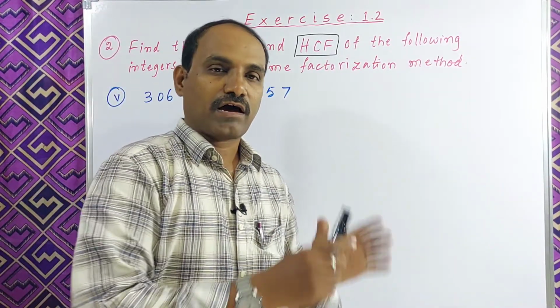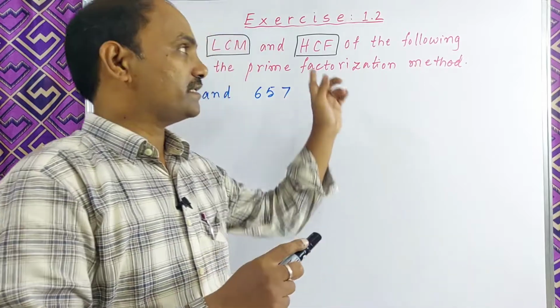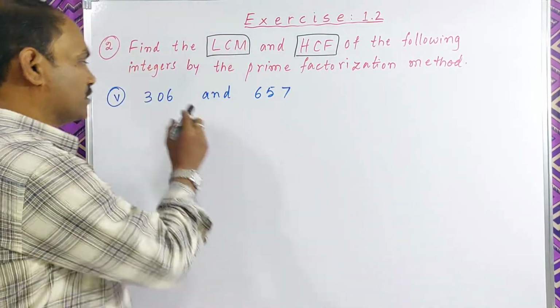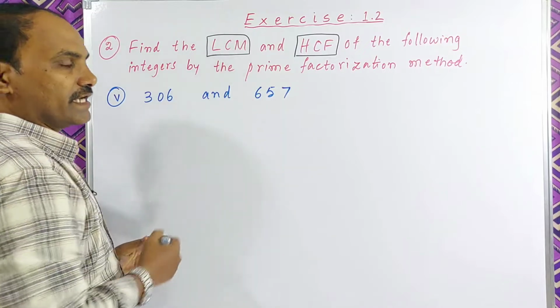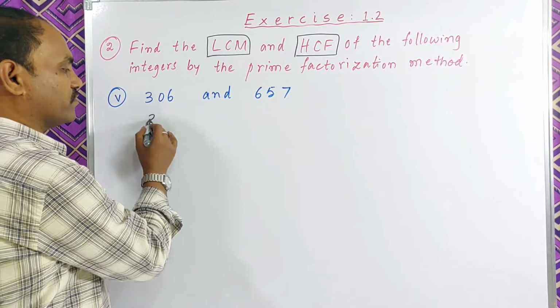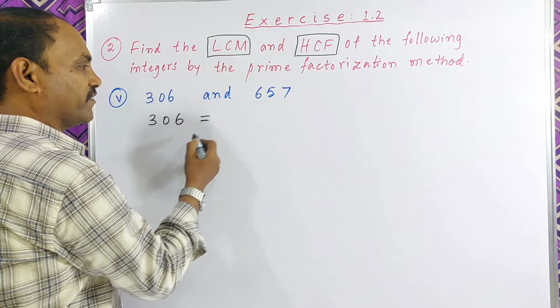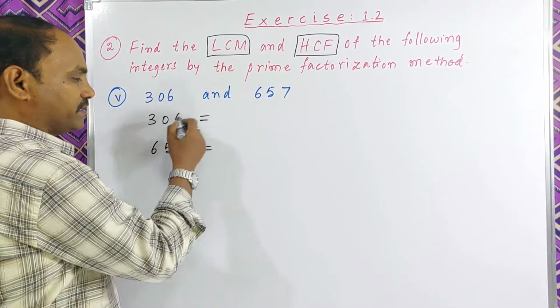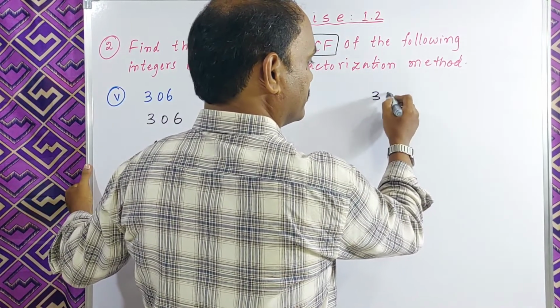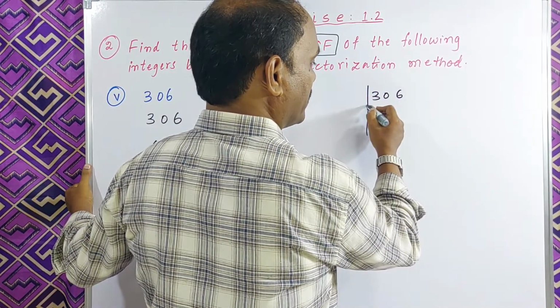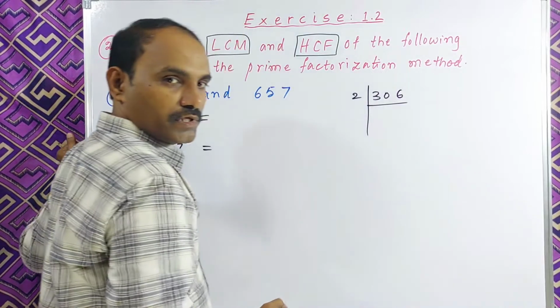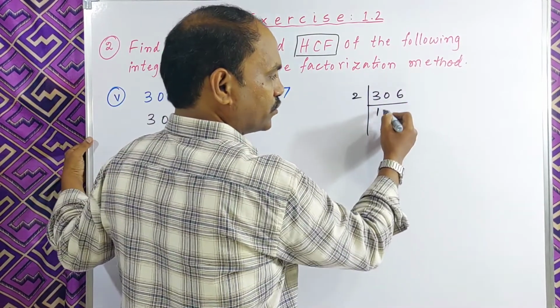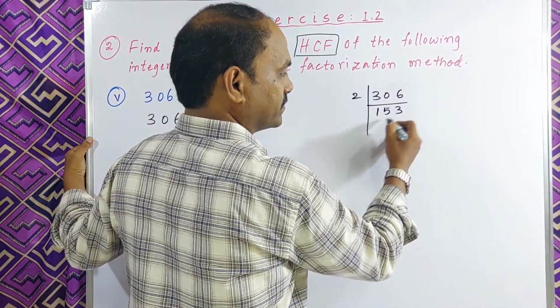Yes. Let us check the last question in this exercise. Okay. 306 and 657. First write the prime factorization. 306. This is an even number, so divide by 2. 2 ones are 2, 2 fives are 10, 2 threes are 6.